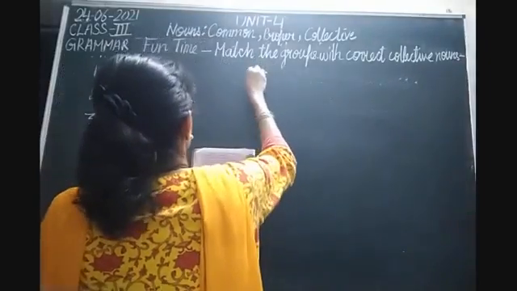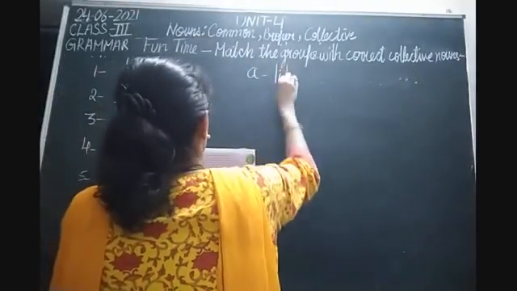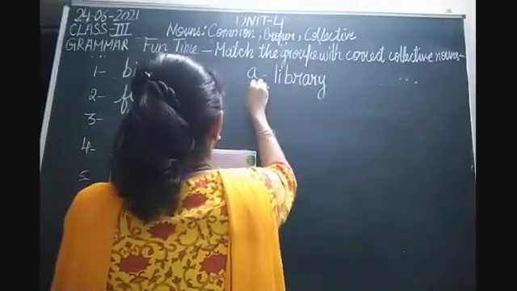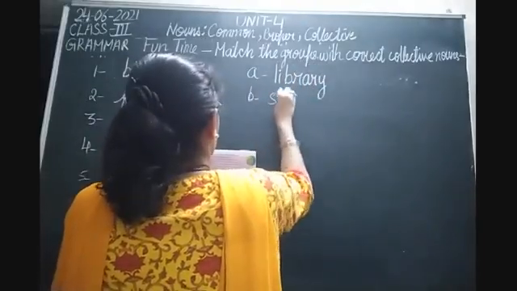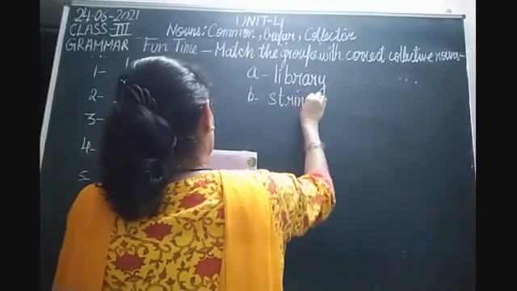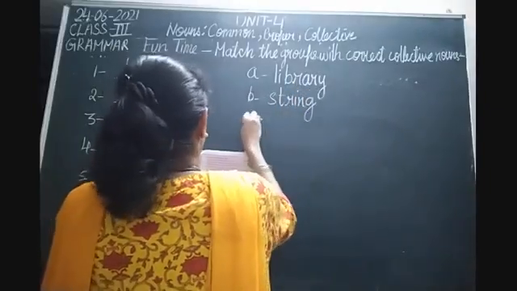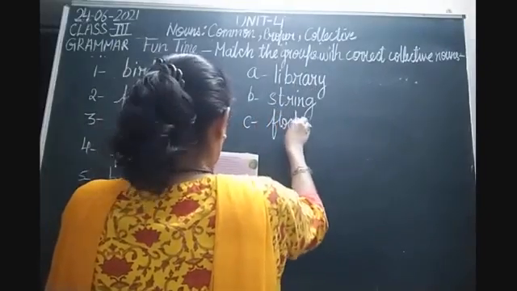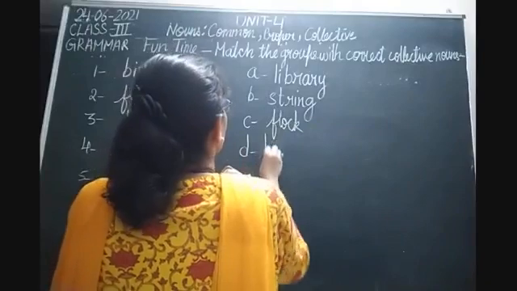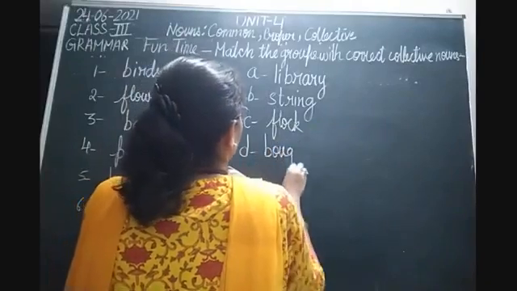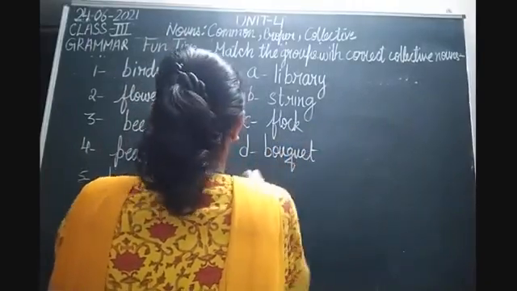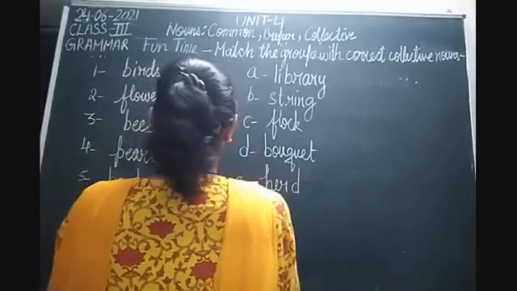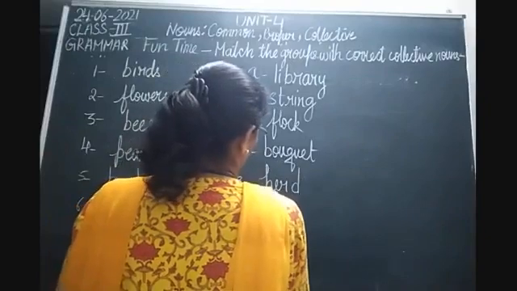A, it's written library, then B, string, जानते हैं ना, मोतियों को जो हम लड़ी में पिरोते हैं उसको string बोलते हैं. Then C, flock, D, bouquet, E, herd, and F, swarm.